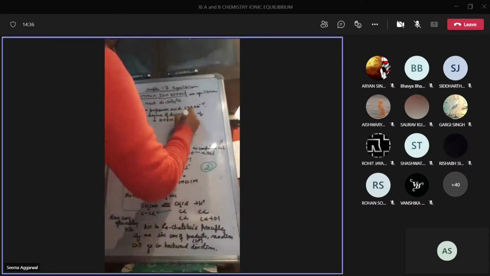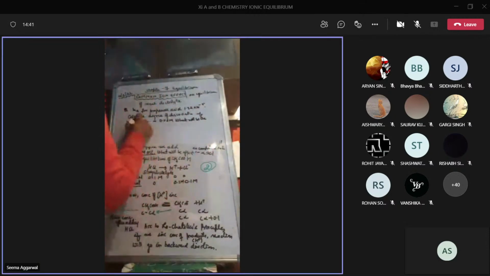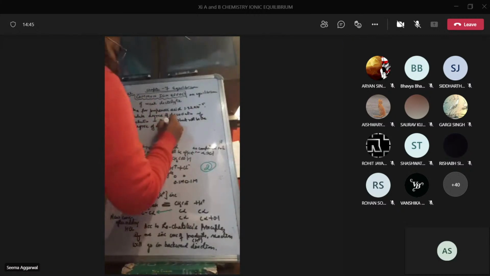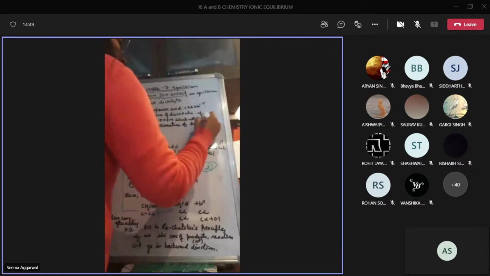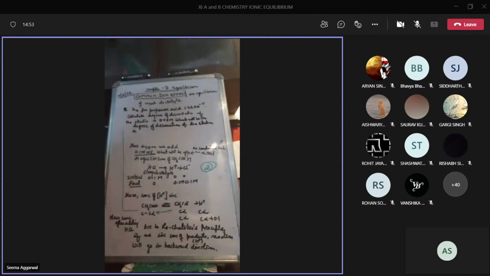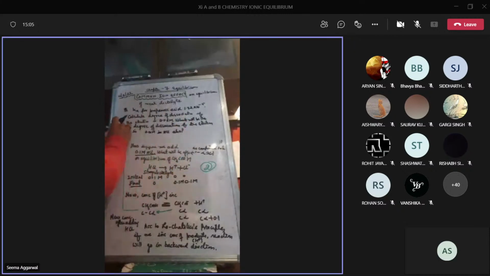What will be the degree of dissociation? What will be the degree of ionization if the solution is 0.01 molar in HCl also? Okay, this is my question.